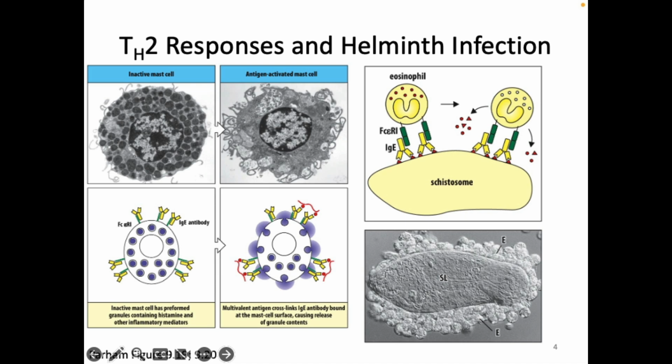You might imagine that this is good for dealing with a microbe that is perhaps too big to phagocytose. We're not going to be able to phagocytose and kill it inside a cell. So instead, we secrete toxic products to try to destroy that microbe. You can see the textbook showing the same thing at the top here with, in this case, eosinophils.